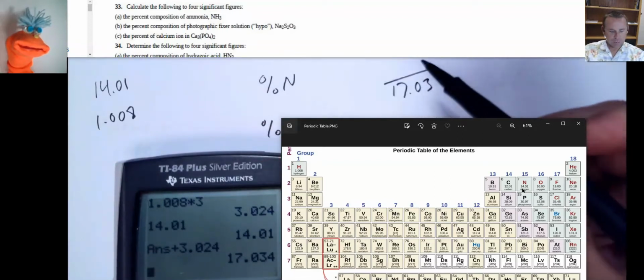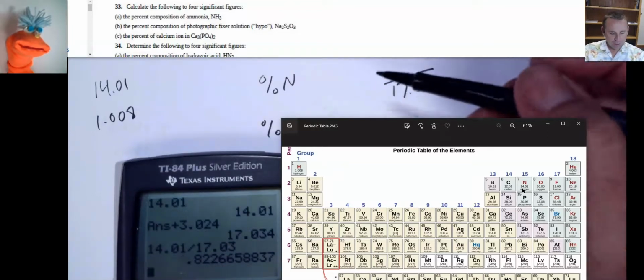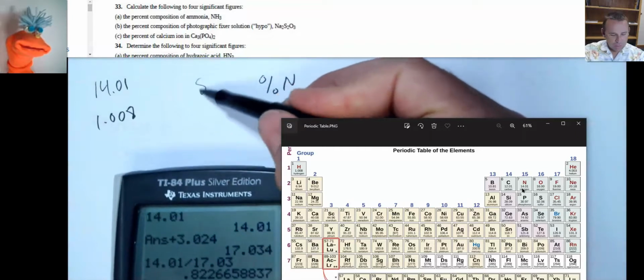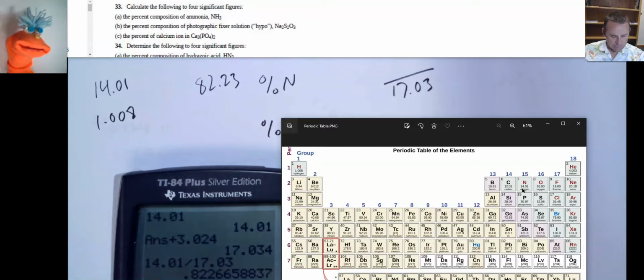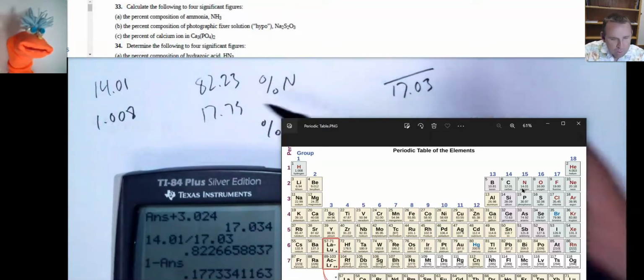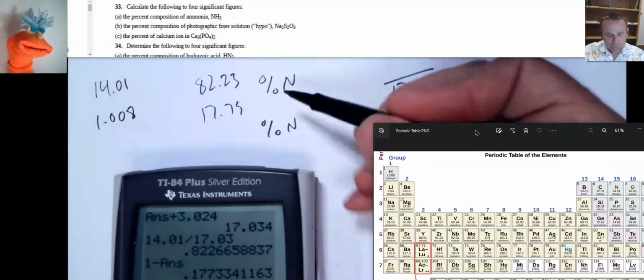And I'm going to divide my mass of the nitrogen, 14.01, divided by 17.03. And I got 82.23% nitrogen. And the rest, 17.73% hydrogen.